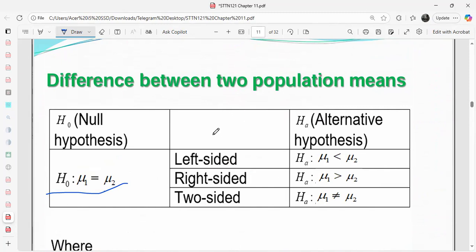Under HA or H1, you say the population mean is greater than 20, or less than 20, or not equal to, which is two-sided. But with this one, we are going to compare two population means. It's like when we do one example.